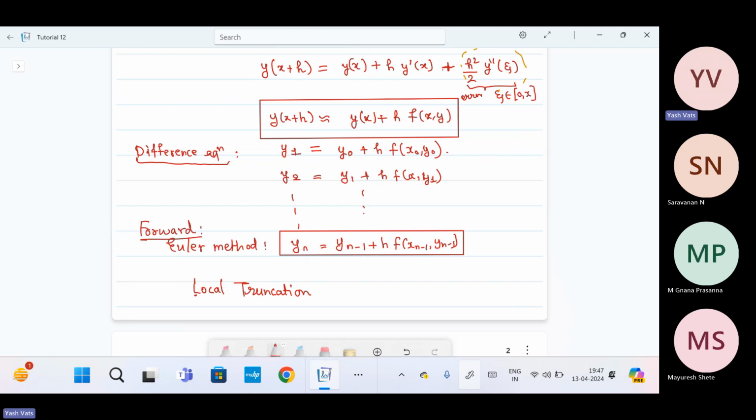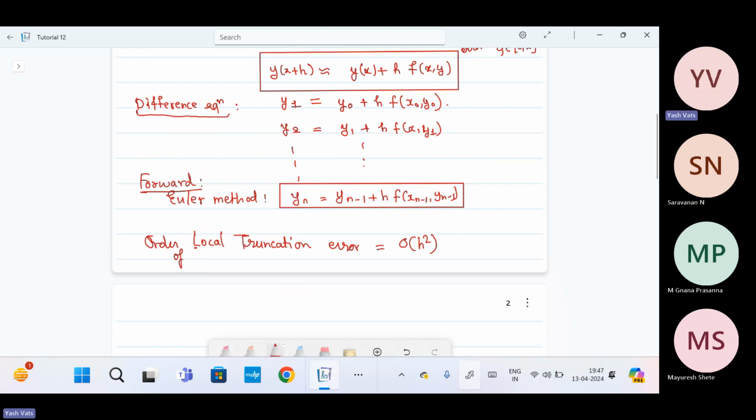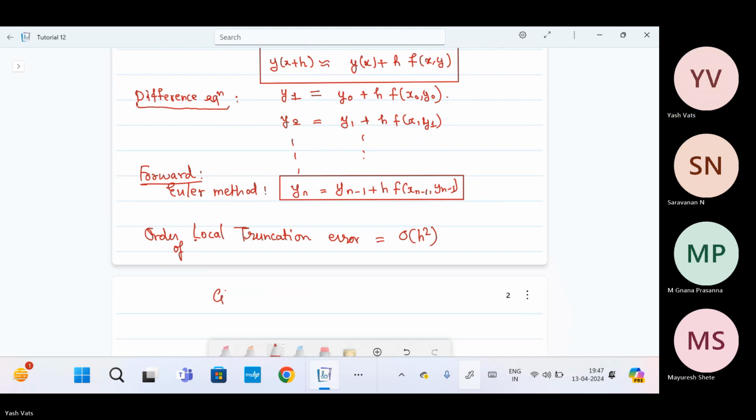The order of local truncation error is order of h square. And what is the global? It is order of h. Why should it be order of h? Because you add the local error n times, and n is (b minus a) upon h.